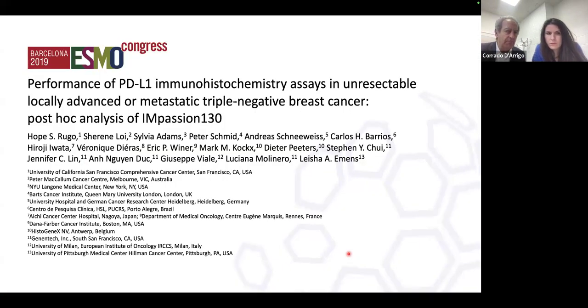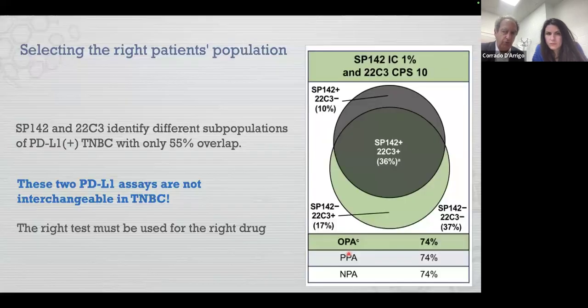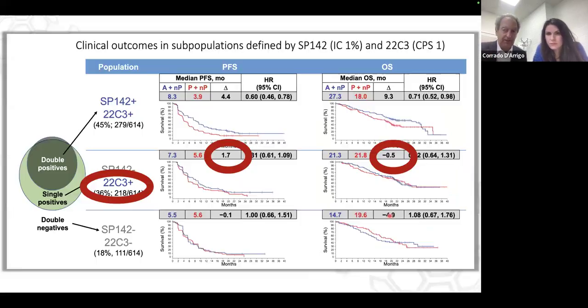If you look at some post-hoc analysis of the original trial in Passion 142, you realize that there is an overlap. Most cases are diagnosed correctly with both antibodies, but a significant proportion, 10% and 17%, are not concordant between the 2 antibodies.